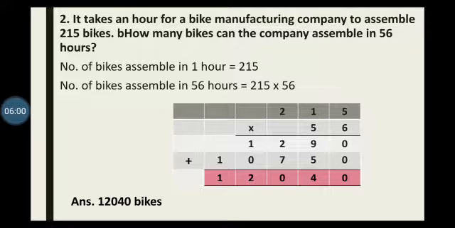The next question is, it takes an hour. An hour means 1 hour. It takes an hour for a bike manufacturing company to assemble 215 bikes. Assembling means whatever bigger thing we are manufacturing, children, the small parts are manufactured differently and then we assemble.